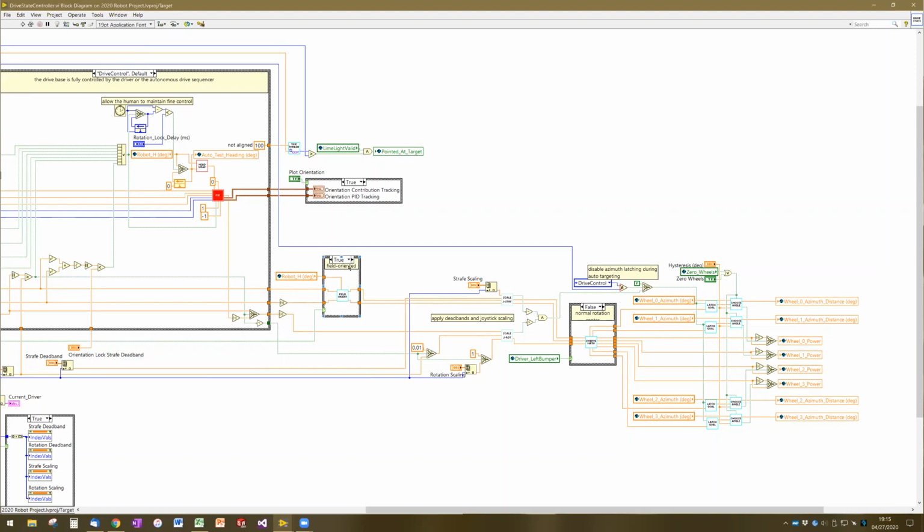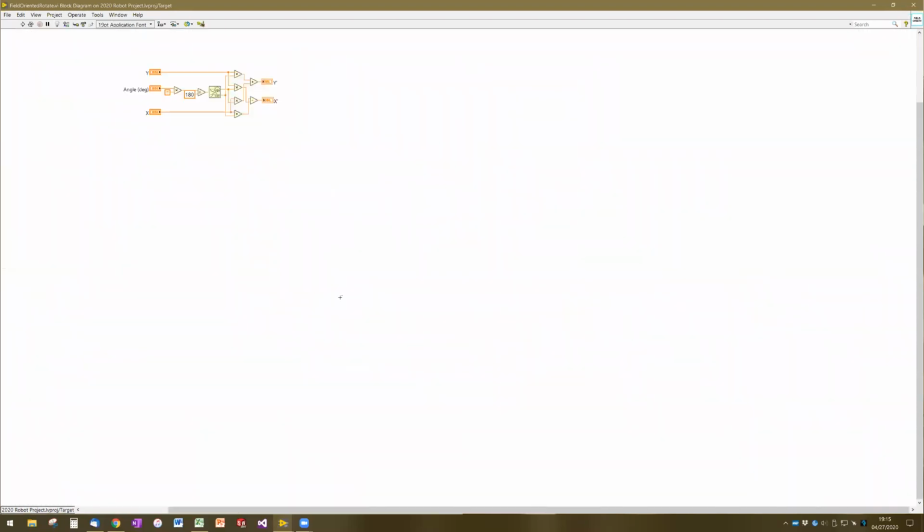And then in field-oriented control, we do all of this math right here, which is pretty much just two operations. This VI takes as an input the X and Y values from the joysticks and the current angle of the robot.